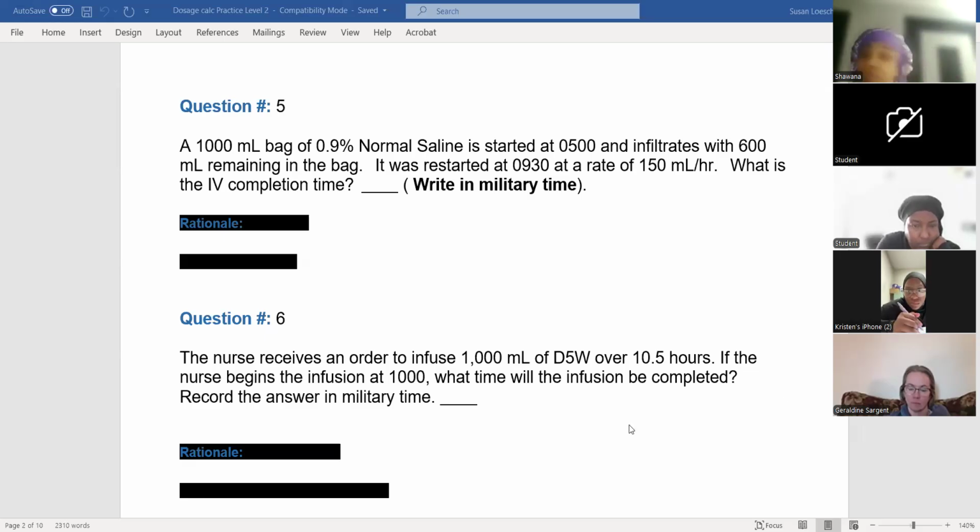So this is asking you what is the completion time on the IV, okay? But what you have to notice here is that you started with 1,000, but it already ran for a little while, right? Because it infiltrated. Now, when it infiltrated, you only have 600 left in the bag. This is asking you the completion time. You have to start with what you have left in the bag.